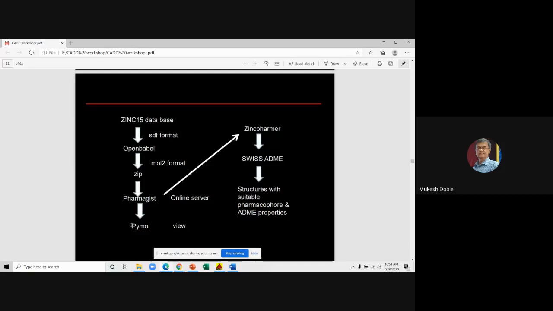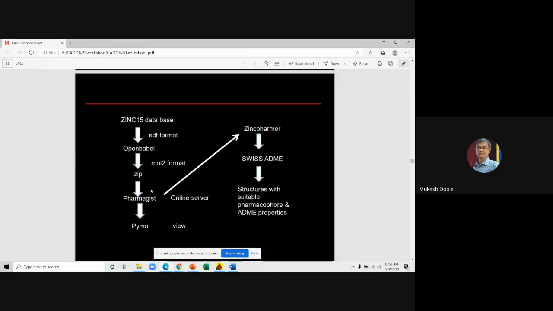If you want, you can take a screenshot. First I'm explaining the left hand side, then I'll go to the right hand side. We get the structures of each molecule from the Zinc database. They will be in SDF format, and we can download them. Using Open Babel, we convert into mol2 format, and then we put all the structures in one single zip file.